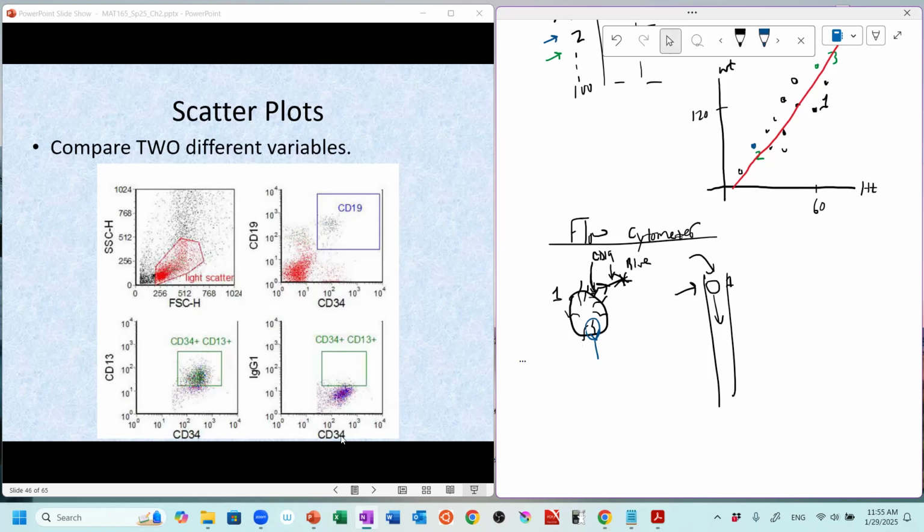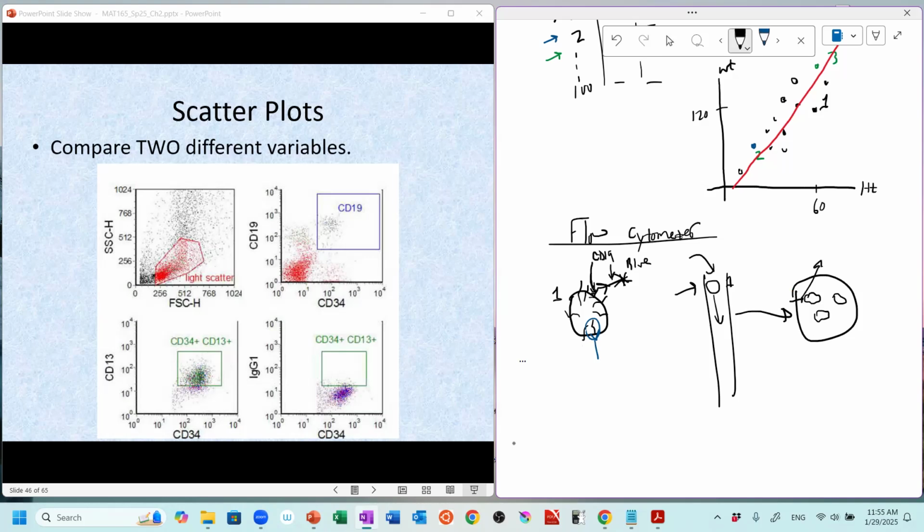Or I could look at CD34 versus an IgG antibody. Or this forward scatter versus side scatter. So our cells have little things inside of them, little organelles, and when we shoot a laser at the cell, it will go through the cell wall, it might hit an organelle and get scattered off to the side.